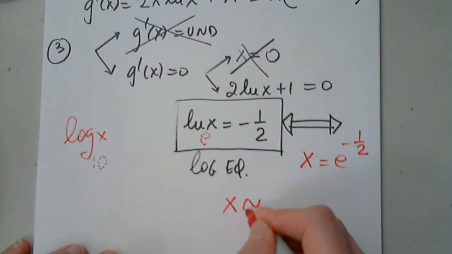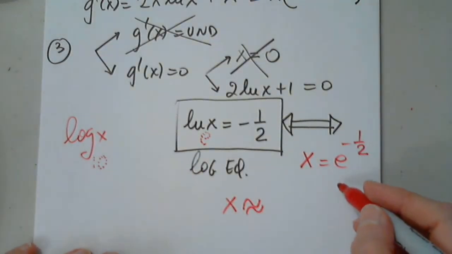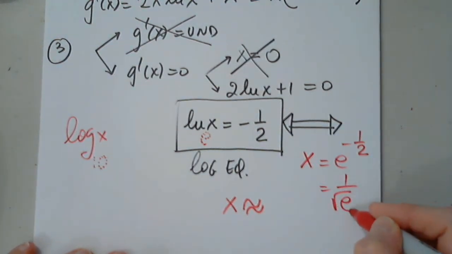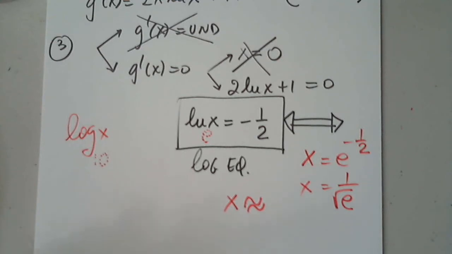So this is x equals e to negative 1/2. Yes, I would have to approximate this. I have no idea what this means. It's basically 1 over the square root of e. I don't know what that is. So I'm going to put it in the calculator. I'm going to share my screen and put in e.